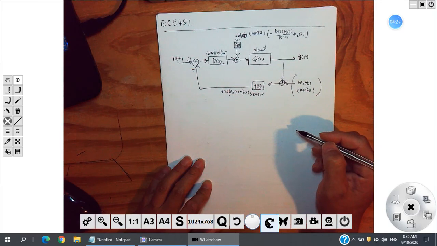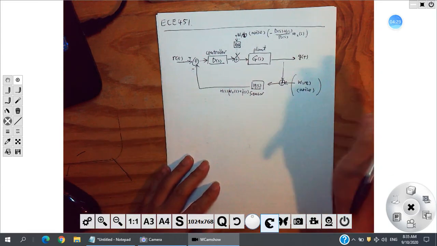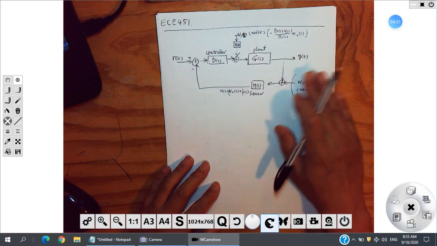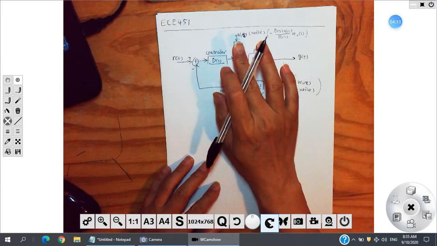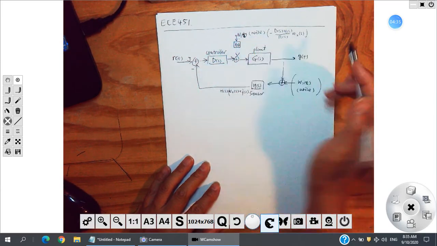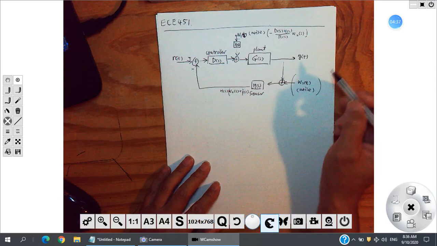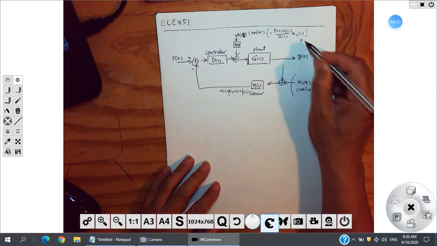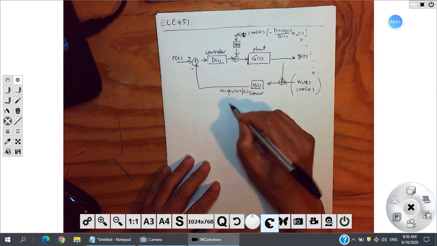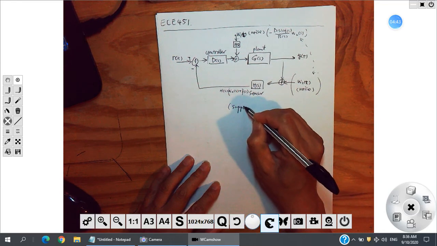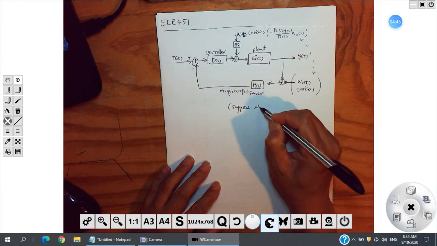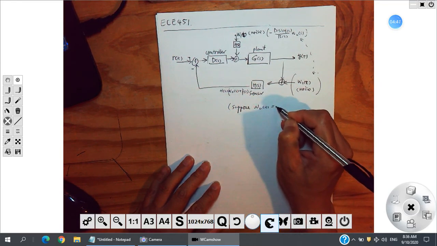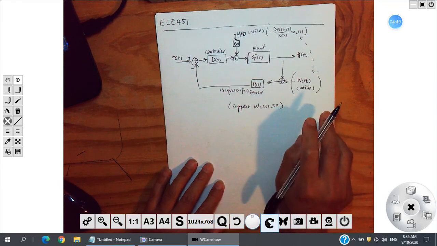So in most cases we do not discuss this part. We just think there is only one noise coming from here. We can suppose W2 is always 0. Now we just think it's simpler.